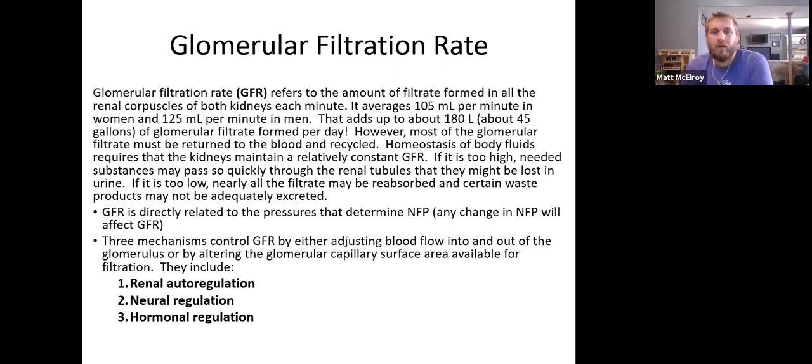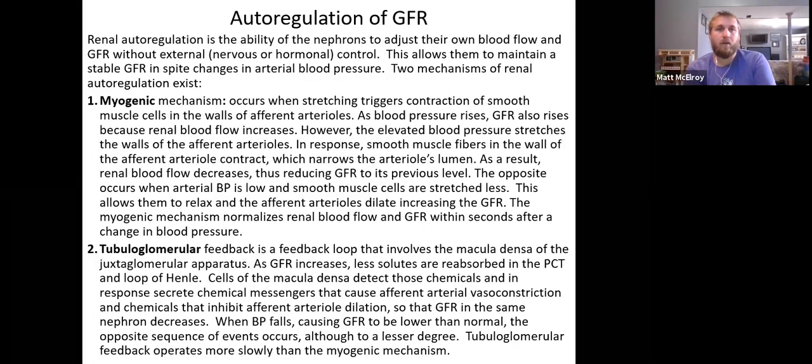Remember, auto means self. So this is a way our kidneys can self-regulate GFR. Neural regulation refers to the nervous system, and we'll be talking sympathetic and parasympathetic again. And then hormones affect our filtration rate. Let's talk about autoregulation first, though.